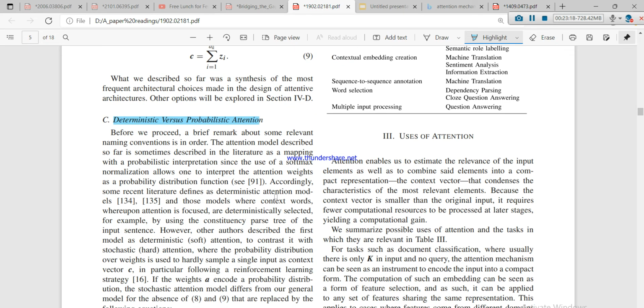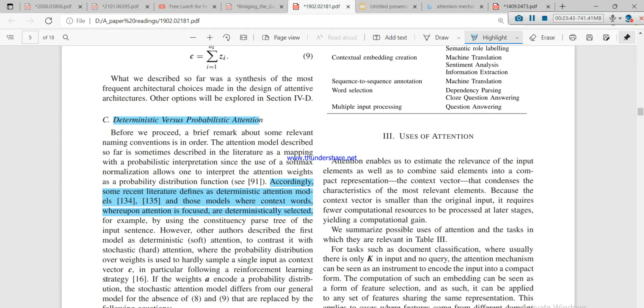Two types of attention, they have described here: what is deterministic and what is probabilistic attention. According to some literature, deterministic attention models are those where the context words whereupon attention is focused are deterministically selected. So this is the definition of deterministic.